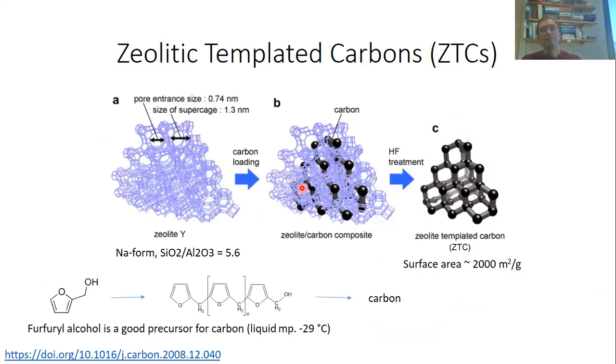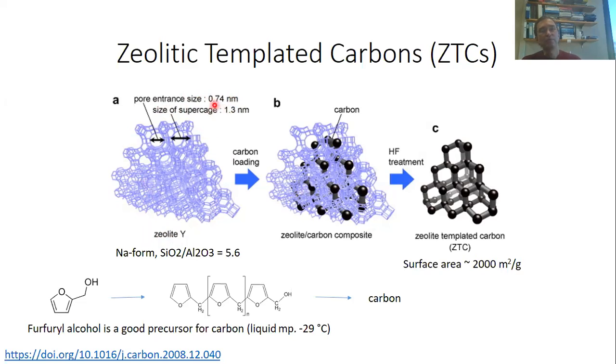All right, so you can extend this hard templating concept also from mesoporous materials to microporous materials, for instance, zeolite. So you can, for instance, use a zeolite, in particular a large pore zeolite, as a hard template. We've discussed previously zeolite Y, which is a large pore zeolite with a pore entrance of 0.74 nanometers and an effective pore size of 1.3 nanometers.